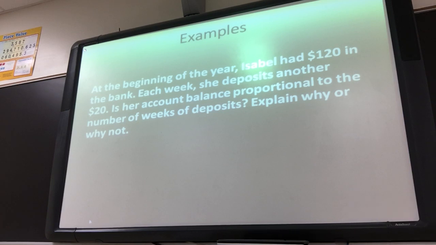I would suggest do the same thing that we did in the first two examples. Make a table. 1, 2, 3, 4. See if you get the same thing.